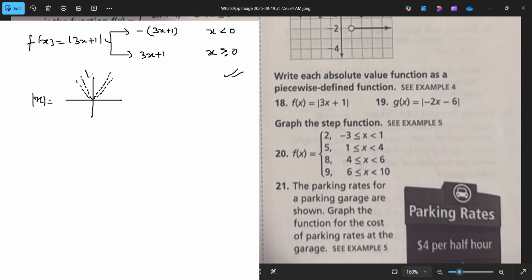Plus 1 means upside 1 unit. Understood? Only this is the figure. So this is mod x, this is mod 3x, and this is mod 3x plus 1.